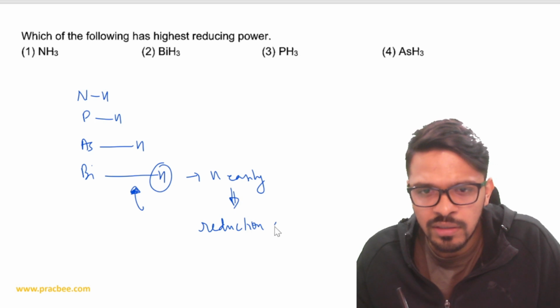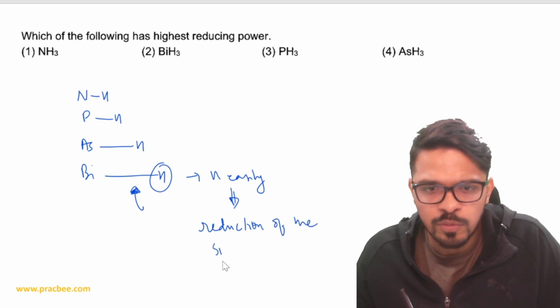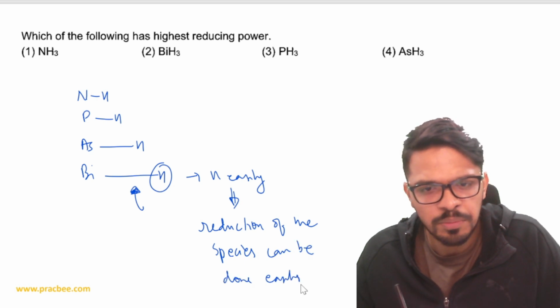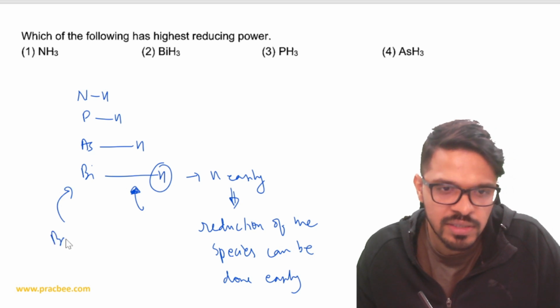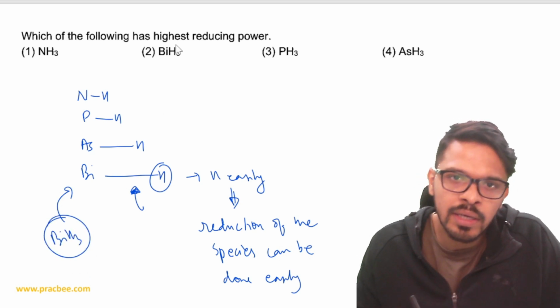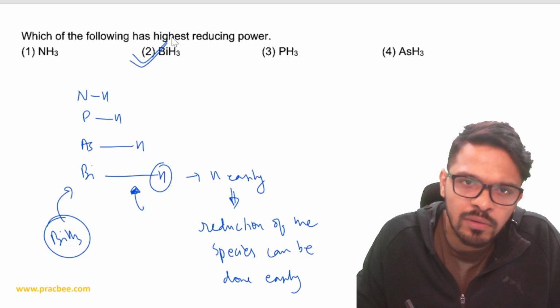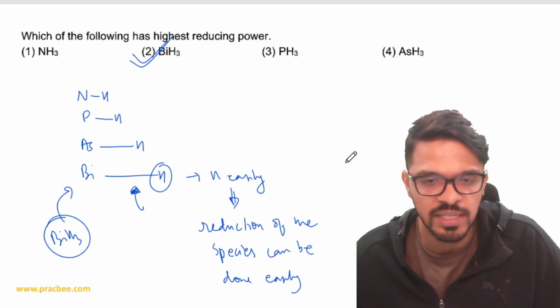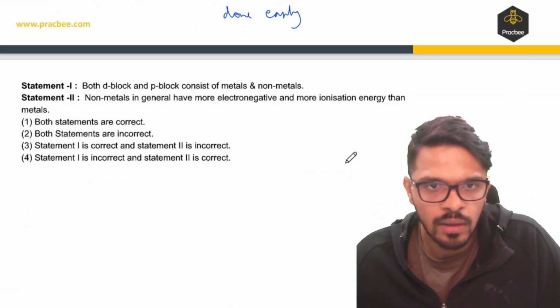So reduction of the other species which is present can be done easily. That means BiH3 is acting as a reducing agent. It will have the highest reducing power because it can donate H easily.